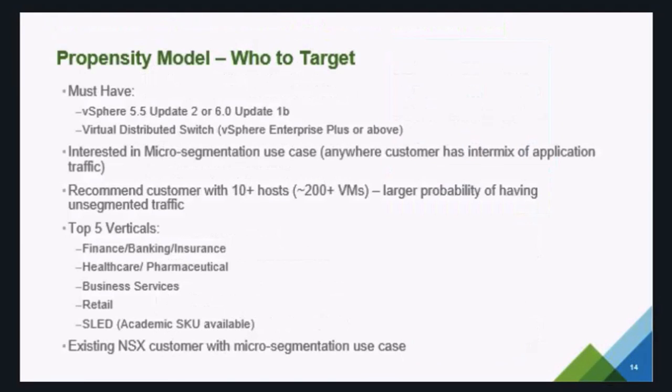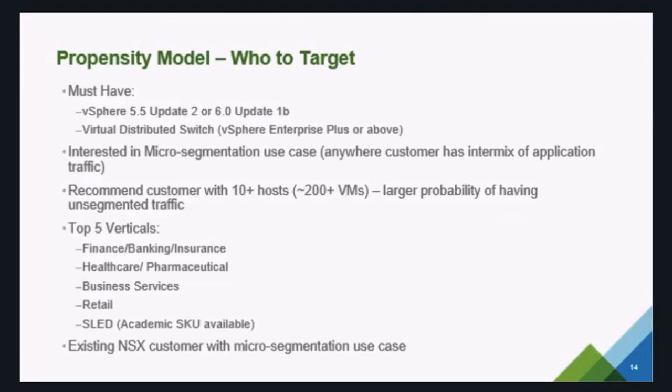So who do we want to target? We want to target customers that have vSphere 5.5 Update 2 or 6.0 or higher, and also that have distributed switch turned on or enabled. That is for customers with Enterprise Plus, or if you have vSAN or Virtual SAN, that will also include distributed switch in their environment.